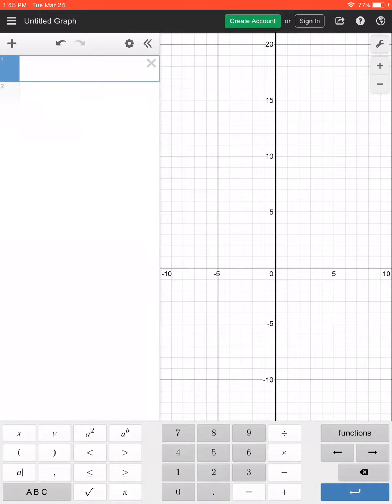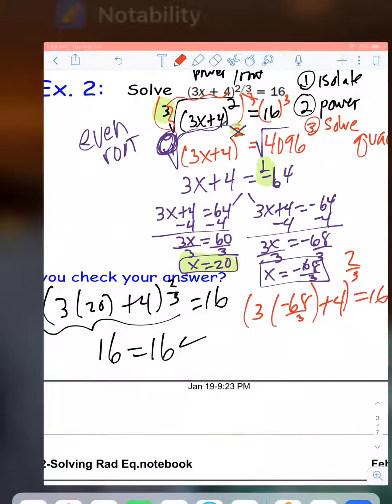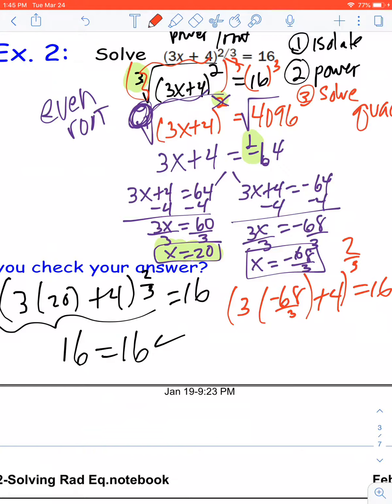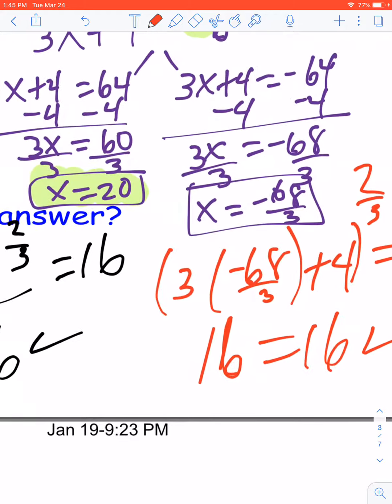I'm going to do 3 times negative 68 divided by 3, arrow out, plus 4, and I'm going to raise that to the 2 divided by 3, and friends, that is indeed 16. So this problem had two answers: x is equal to 20, and x is equal to negative 68/3.